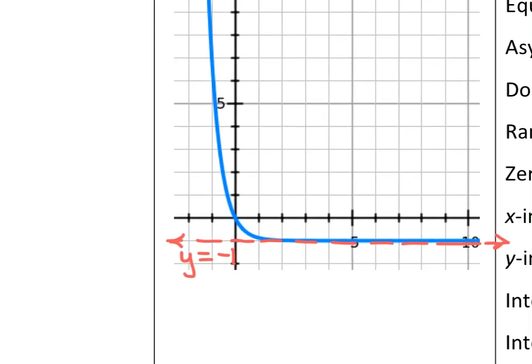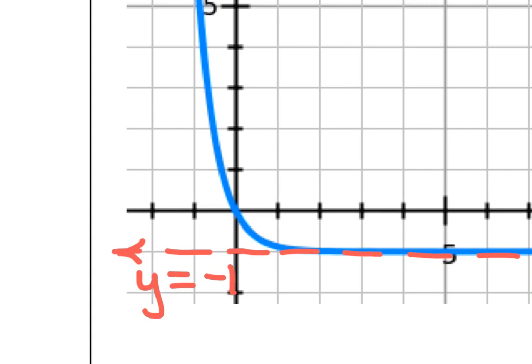And just in case you're curious, this one's a little trickier, but if you really want to know how to find the base, look for that point. Now this graph has been shifted. Clearly it's been shifted down, and look for that point that would have been 1 unit away from the asymptote.